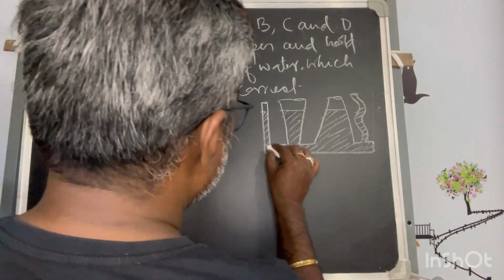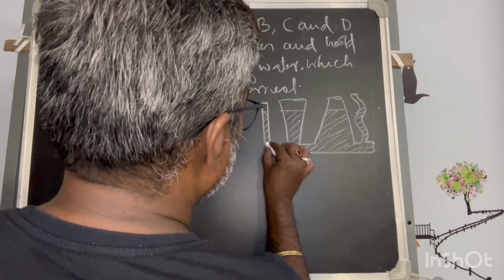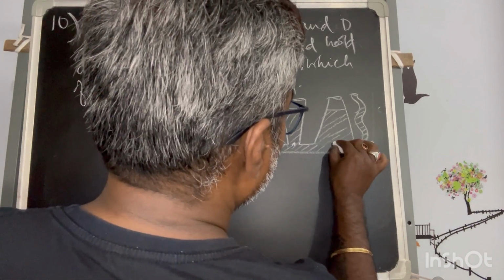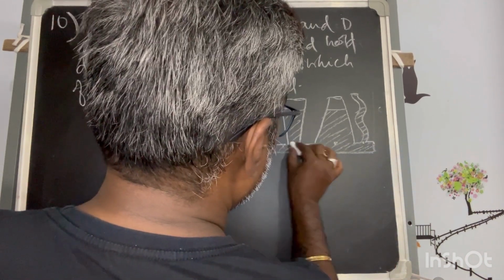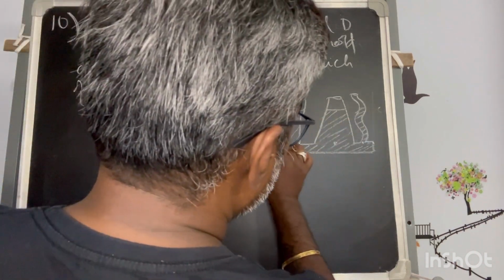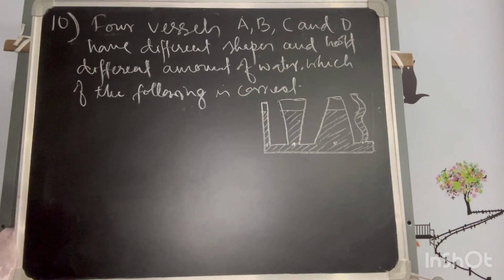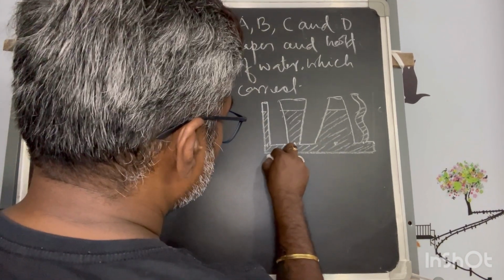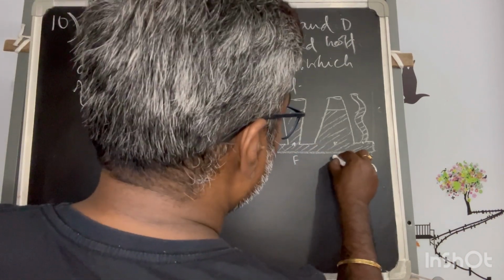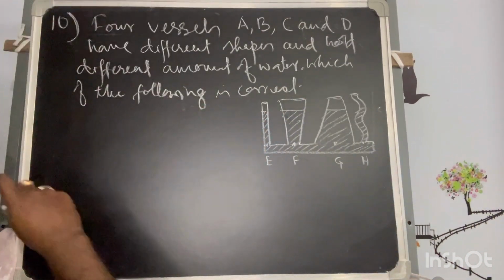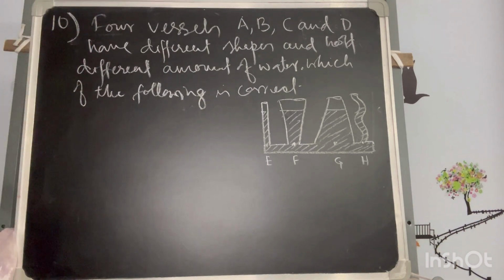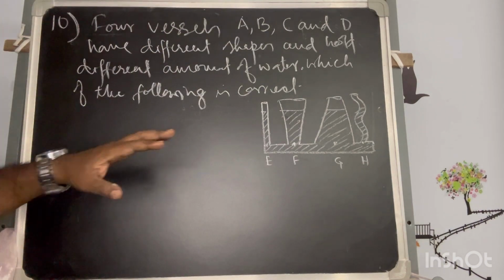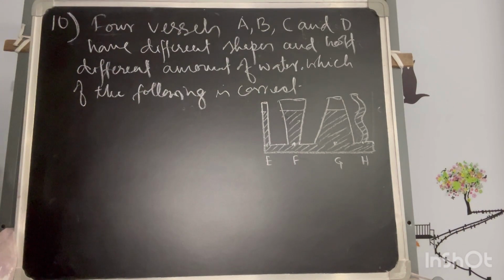Now the points which are considered, let's say at the horizontal line where each container's bottom part is touching the one horizontal line that is crossing across, there we are taking 4 points E, F and G, H. So 4 vessels are given of different shapes, and now condition could be anything, but what will be the correct condition for this?